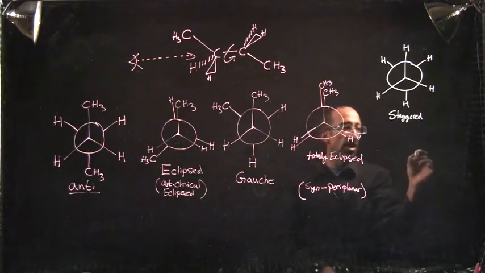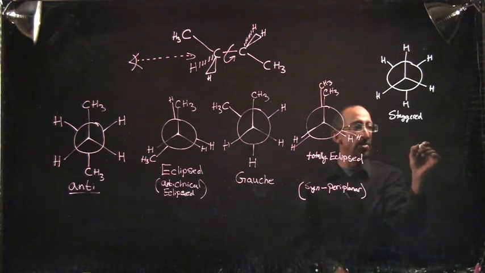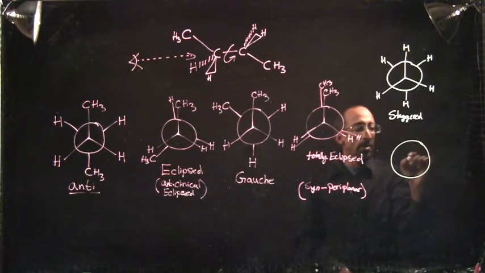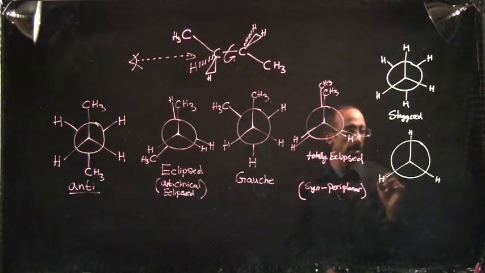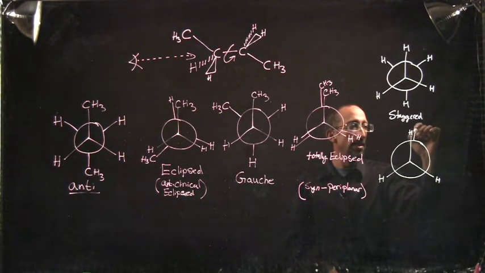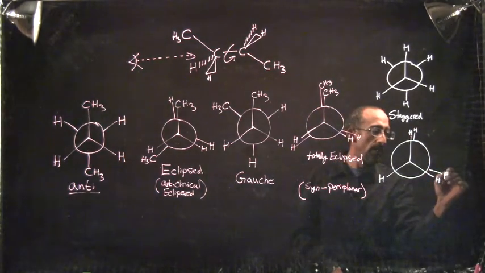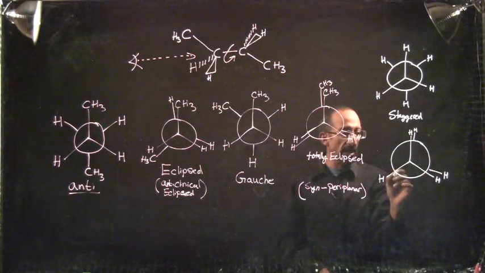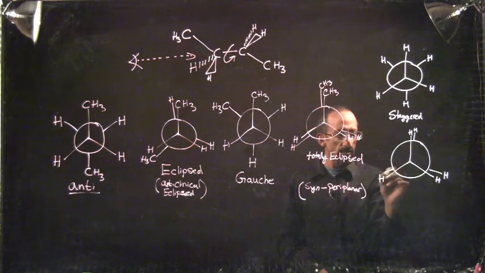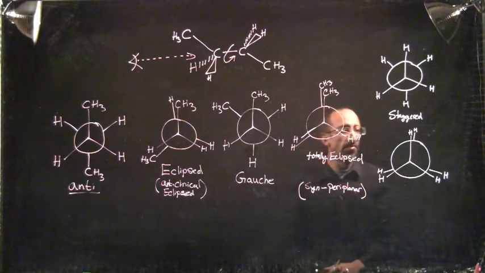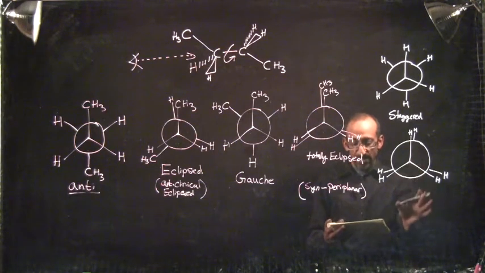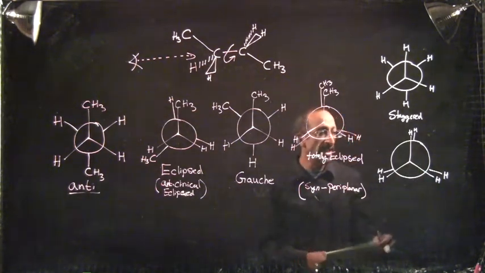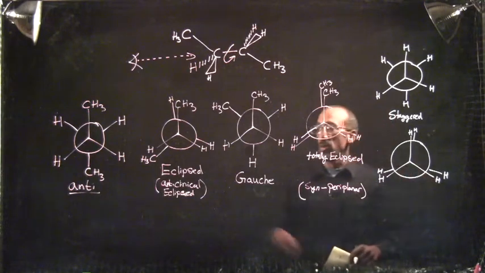The other possible conformation, and thus the other term we would use, places all of the substituents eclipsing each other again here. I'm just using 3 hydrogens front, 3 hydrogens back. And the term that we use for this situation is similar to what we had here.